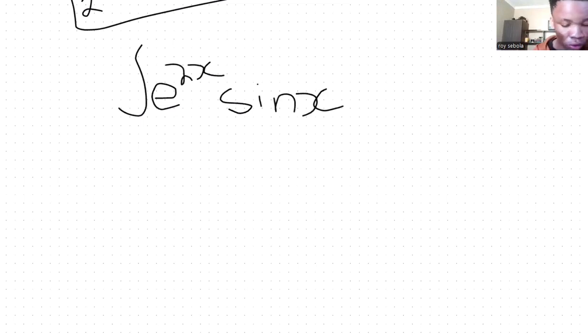Using u substitution, go try this one: the integral of e to the power 1 over x divided by x to the power 3.